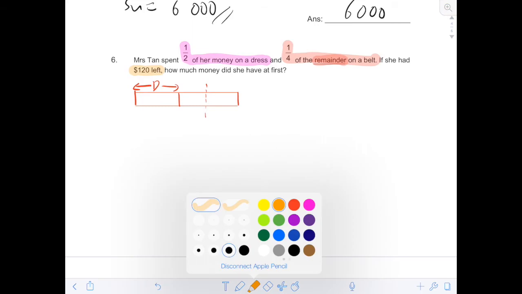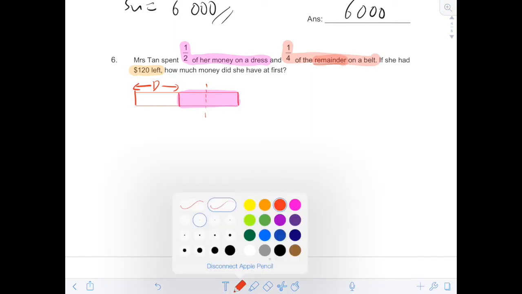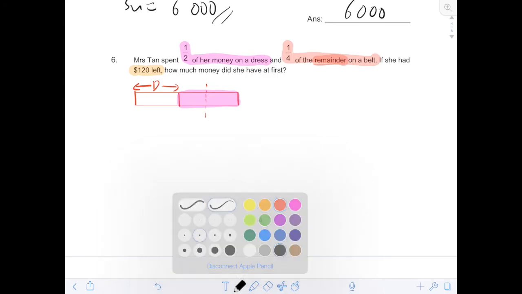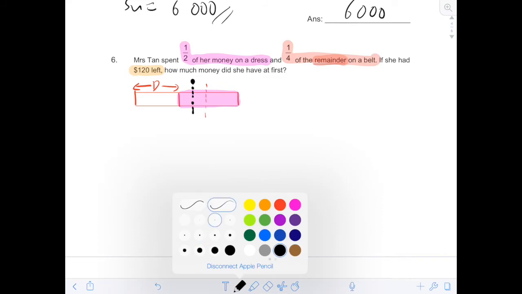Again, let me just highlight the remainder over here. This is the remainder, so we're only going to be working on that part. So if that's the case, we are going to start drawing. Oops, black. Okay, I'm going to start. Oh no, so big. Smaller.